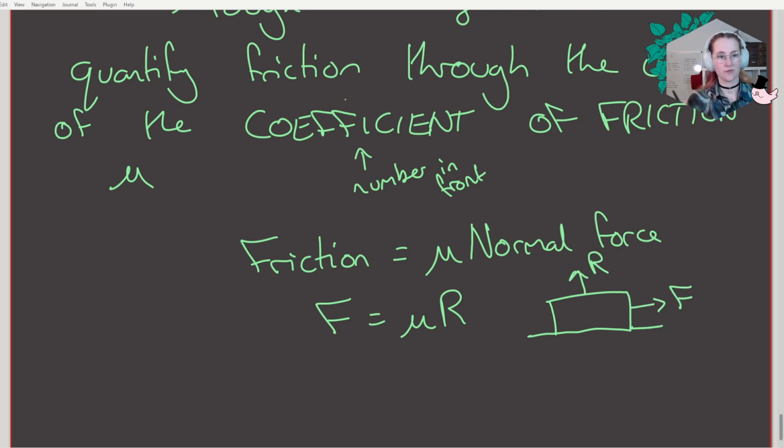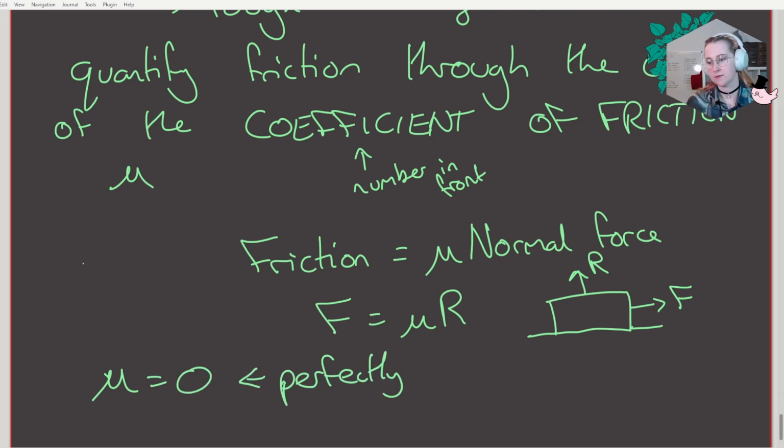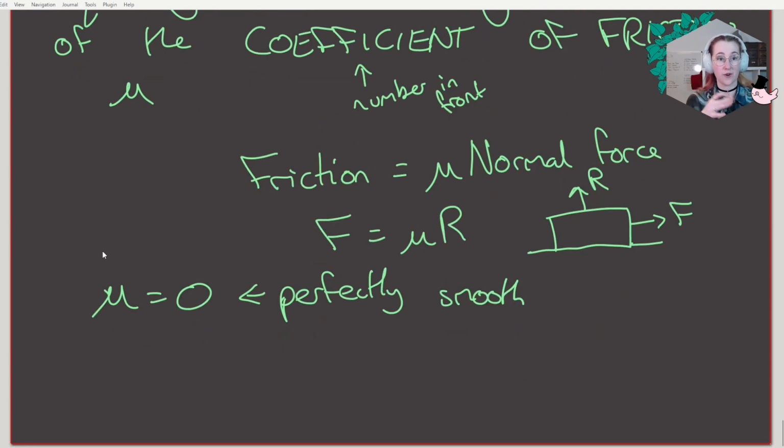That's in the case where there is a rough surface between the two things. There is some more nuance: if mu equals 0, then it's perfectly smooth. We also put an upper bound on how much friction can be felt. When it's 0, the two things are just chilling there, not affecting each other.